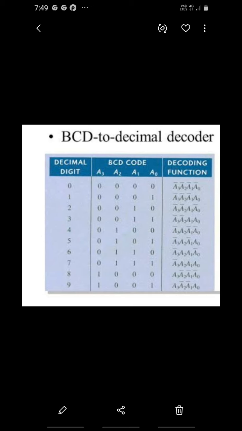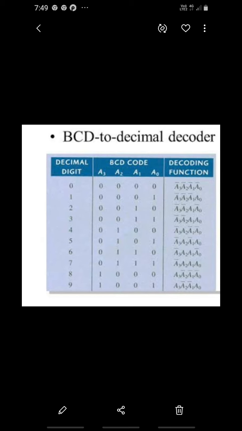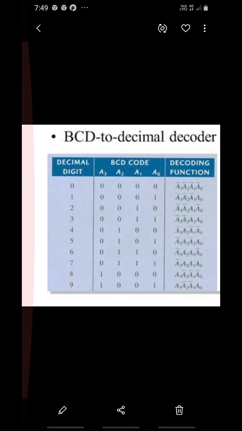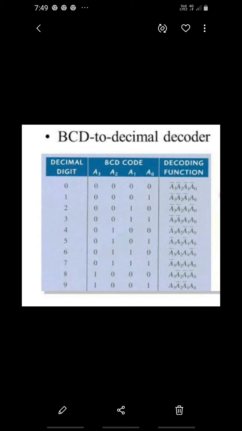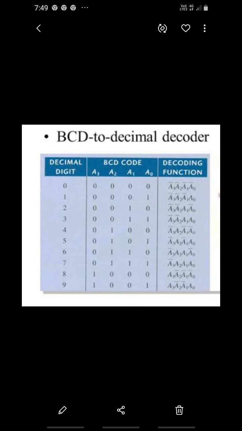And we take here y8 is equal to A0, A1 bar, A2 bar, A3 bar. And the next, y9 is equal to A0, A1 bar, A2 bar, A3.